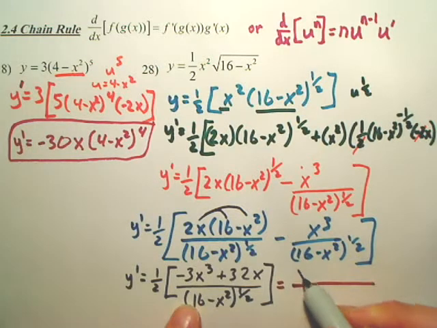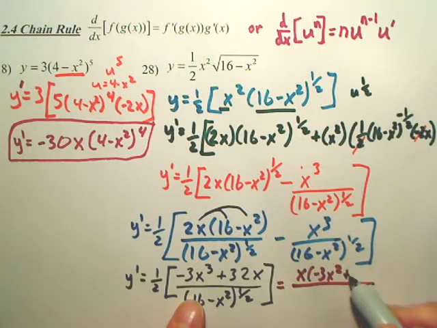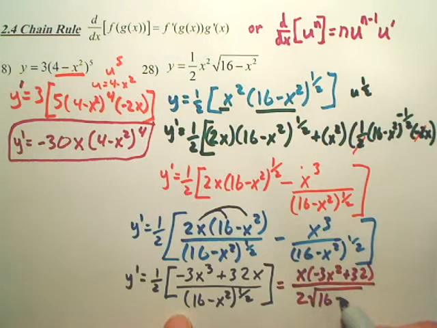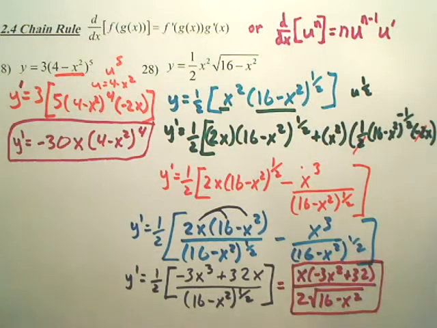I would pull an x out, negative 3x squared plus 32 over 2, and actually I probably would even put the square root sometimes. That's how I would probably finalize my answer. Right there would be my final answer to me.